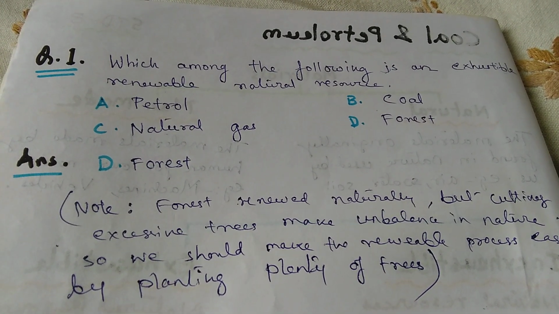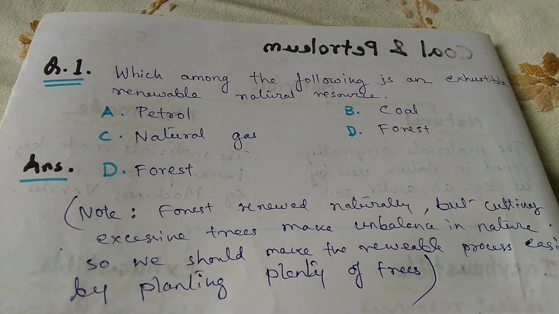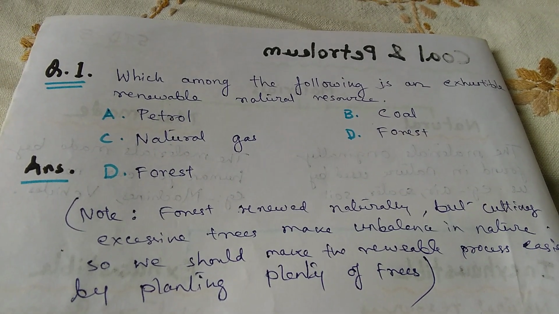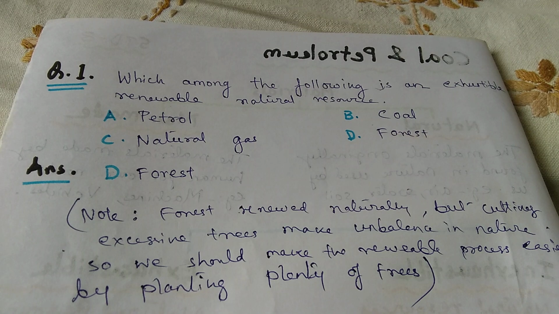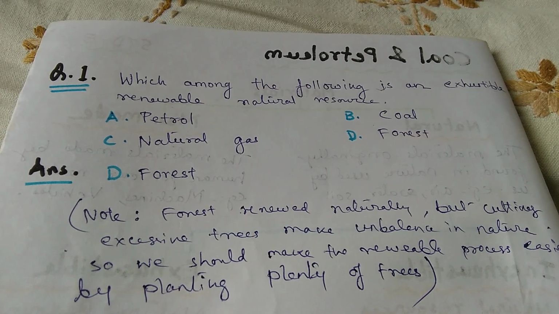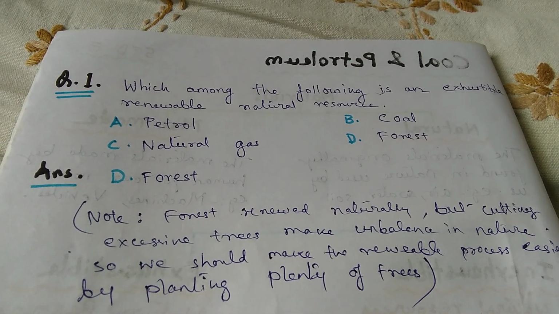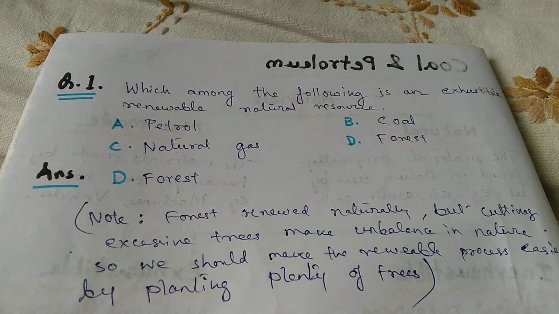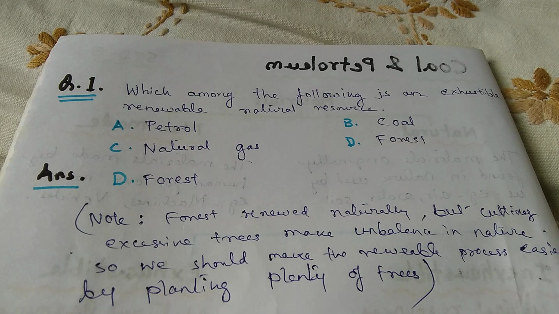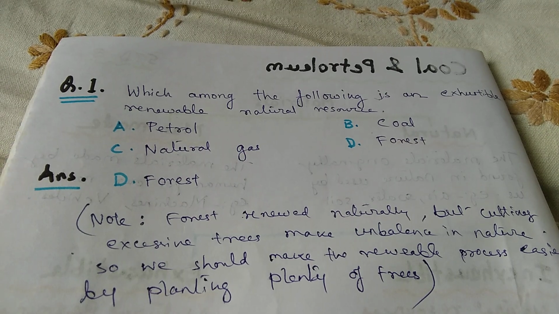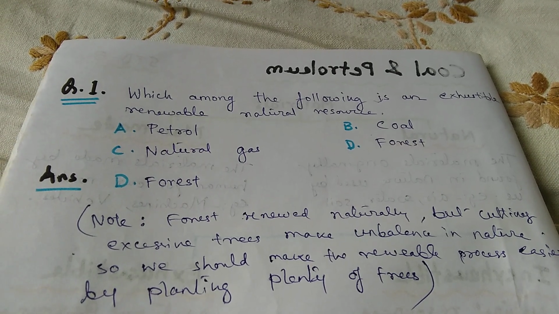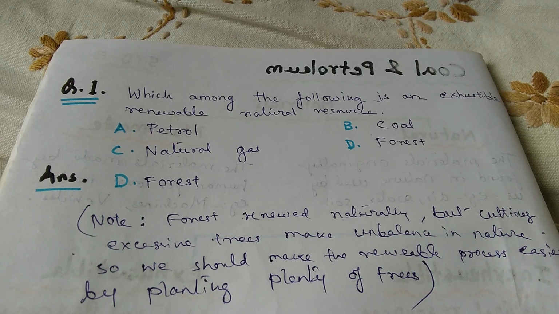Okay, there are four options: A, petrol; B, coal; C, natural gas; and D, forest. So you have to point out the one which is an exhaustible renewable natural resource. Okay, so we can see here petrol, coal, natural gas, forest.